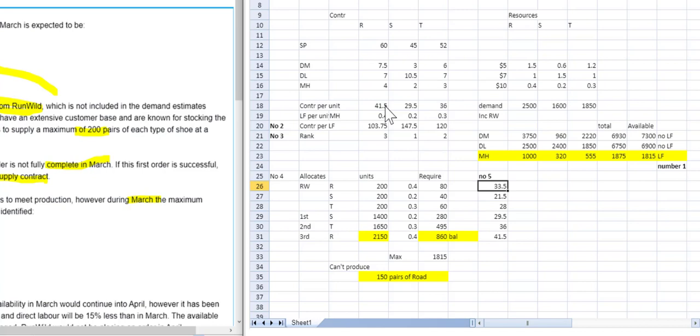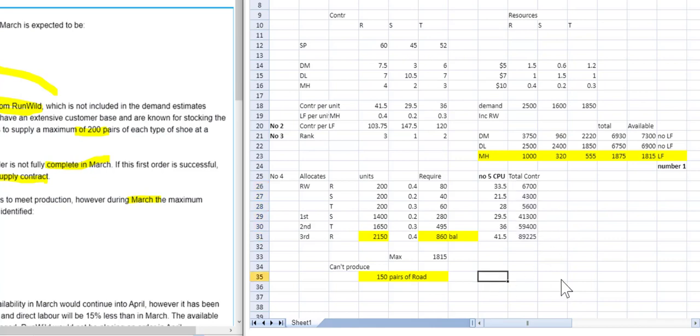And so therefore, we're finding the contribution per unit, and then we've got the total. So make sure you label things clearly. Total contribution. So we're going to times that by the units and then follow it all the way down.